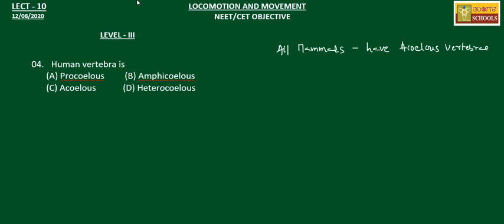In the previous sessions, we have seen the structure of a vertebra. So it has a body, which we call a centrum, and if you find a depression on the anterior end, so if you are seeing the vertebra from the lateral side, you may see something like this.